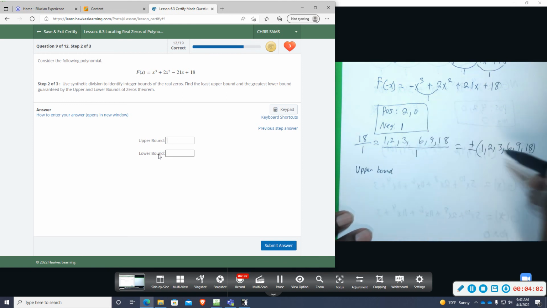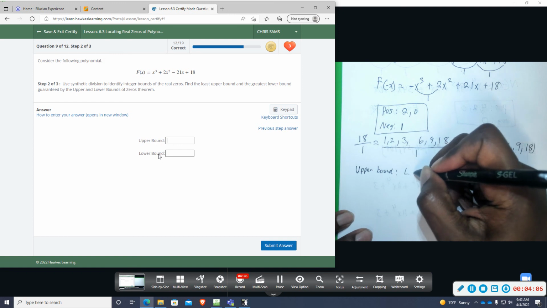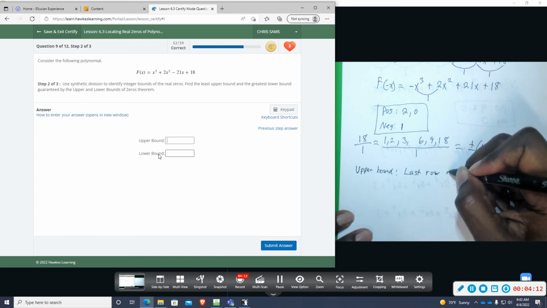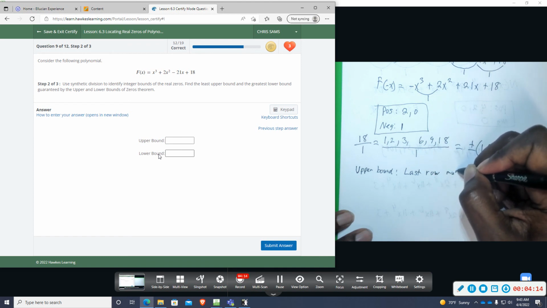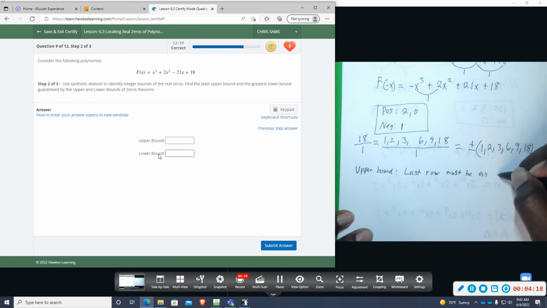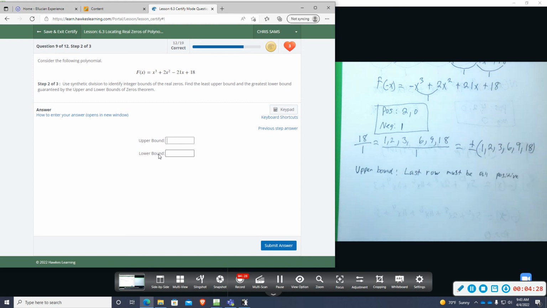We're going to do synthetic division, and then the last row must be all positive. You want to find the smallest positive number that will give you all positive on the bottom row.